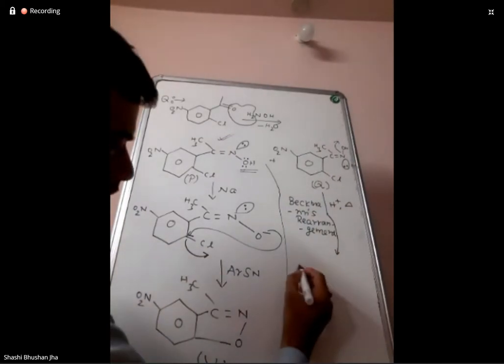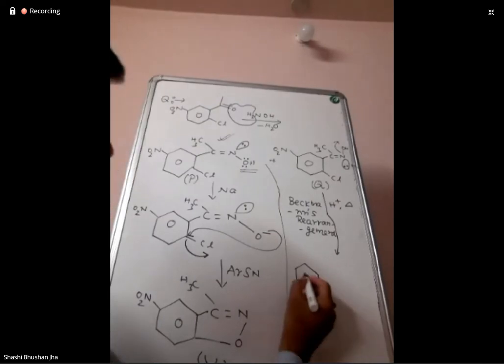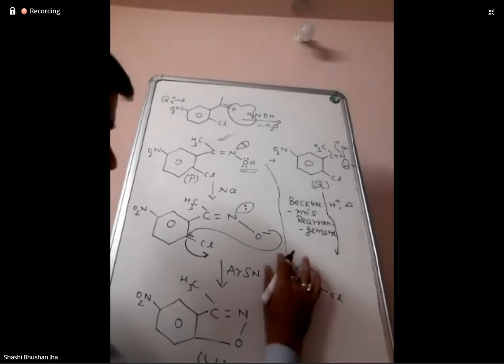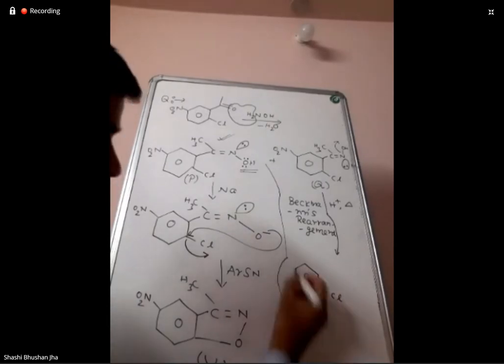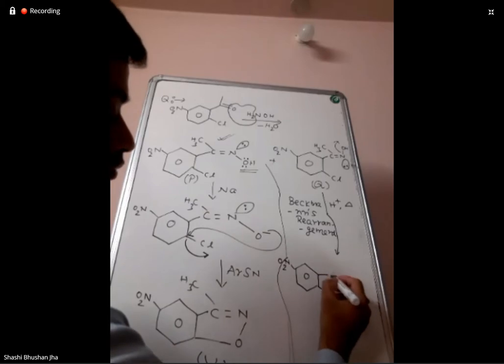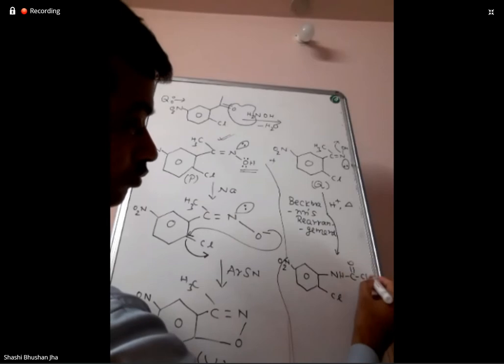And I will directly write the product. You can write the steps and check. This product should come. So after Beckmann's rearrangement, this product will come.